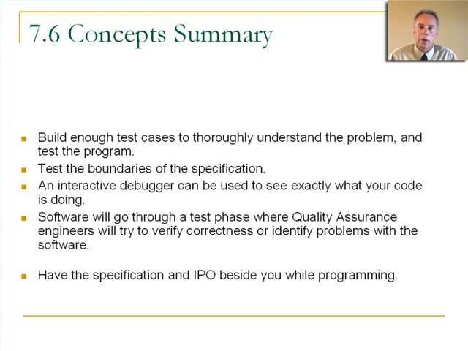And now here at the end of this segment, we've talked about the software quality assurance process. Software programmers are required to write software that's as close to the spec as they can, and if the spec is exact, then the software should be exact.